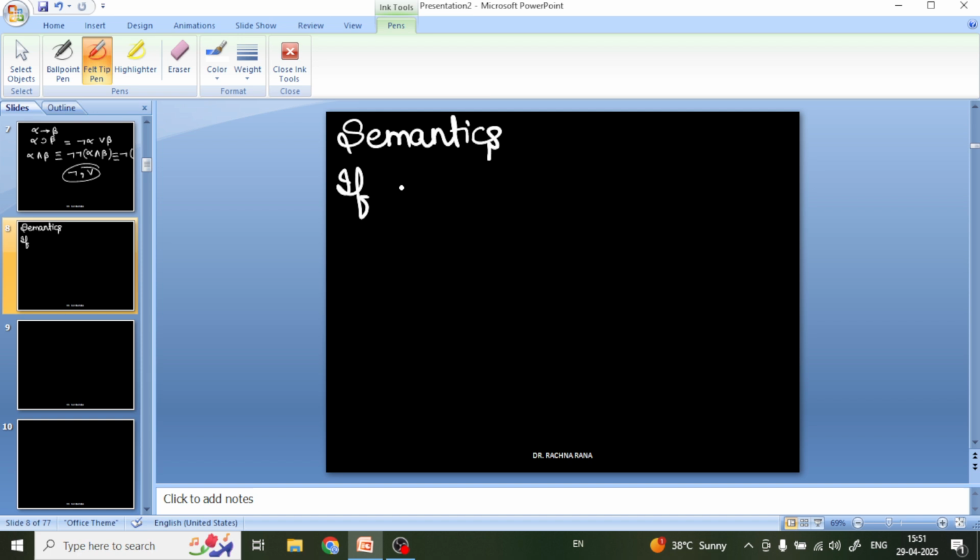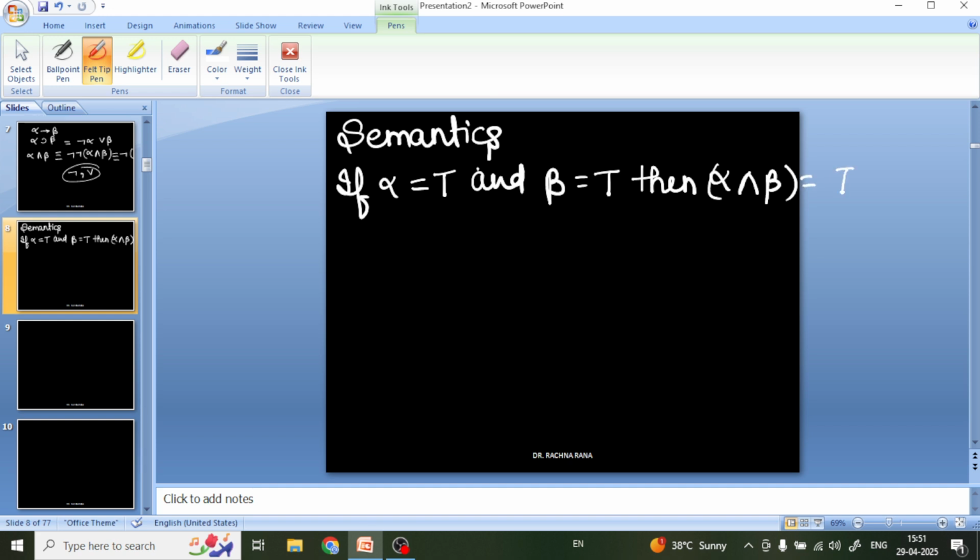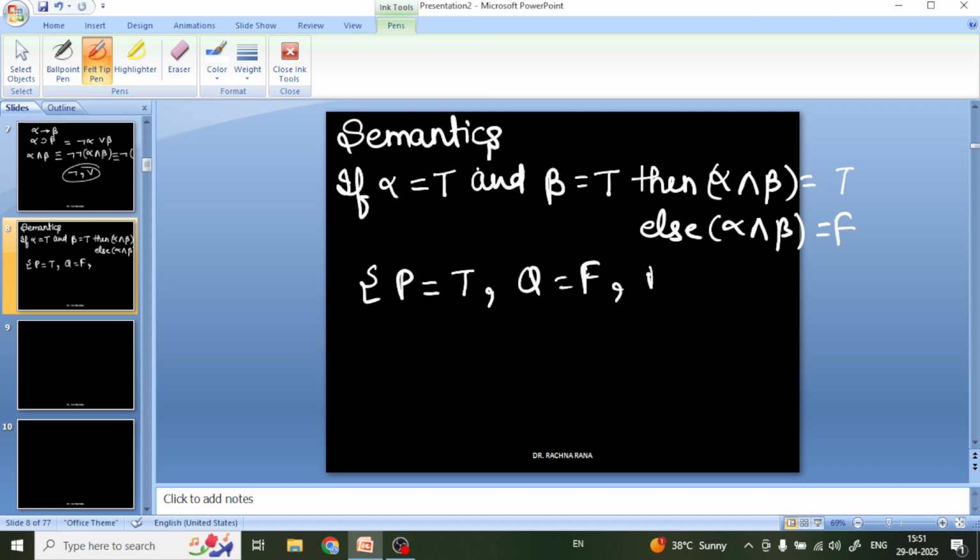If alpha is true and beta is true, then you can say alpha and beta is equal to true, else alpha and beta is equal to false. If P is equal to true, Q is equal to false, and R is equal to true.